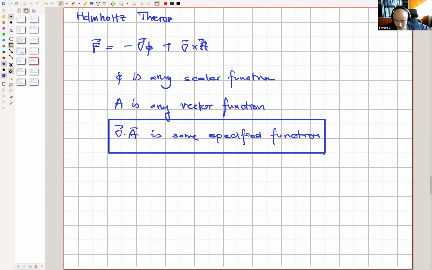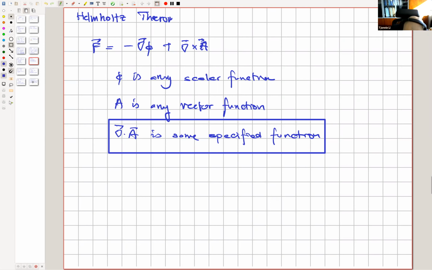But only once you've specified it is your vector field completely determined. And I want to let this sink in, because this ends up being a very important aspect of classical electromagnetism, or any field theory. That's the freedom to set the divergence of A in order to fully specify the vector field in terms of a scalar potential and a vector potential.